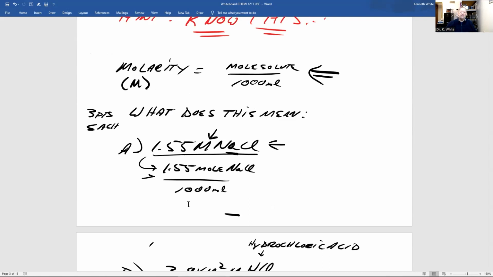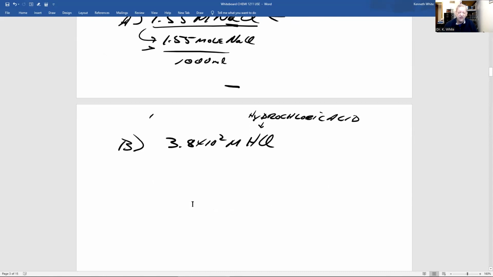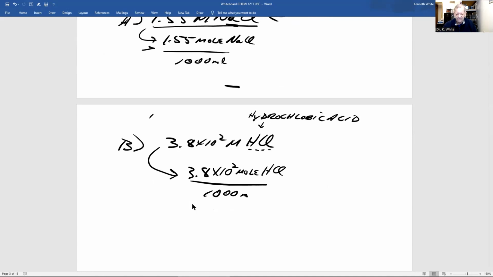Moles of solute per 1,000 milliliters. What's the solute? HCl. So what this means is 3.8 times 10 squared, this is molarity, capital M, moles of HCl per 1,000 milliliters.